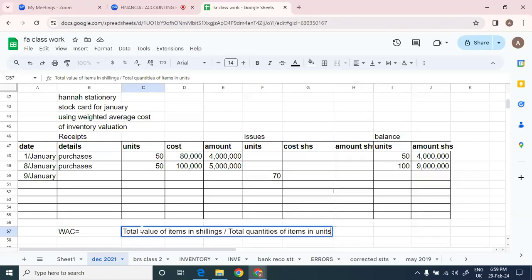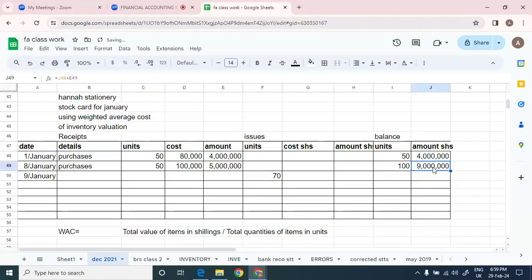This means that at this moment, they have only given us one issue. What you do, you just get what you have in your stores. You get the amount you have as your balance divided by the units you have.